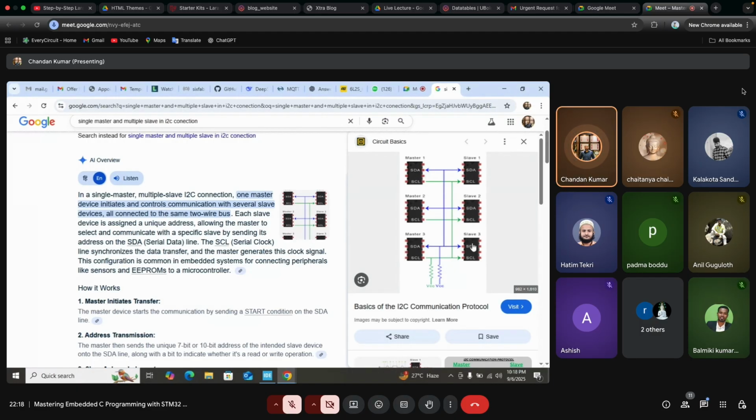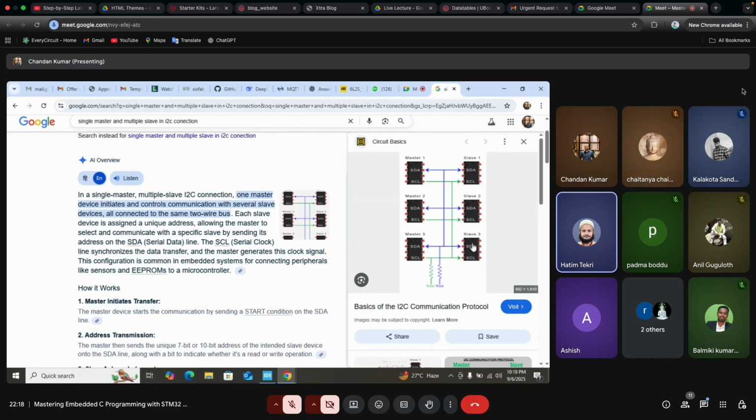So this one master will communicate with all these slaves one by one, not at the same time, right? Yeah, no. How can it communicate at the same time if it has only one clock pin? If that clock pin is busy with slave 1, it cannot communicate with slave 2 or 3. Fine.